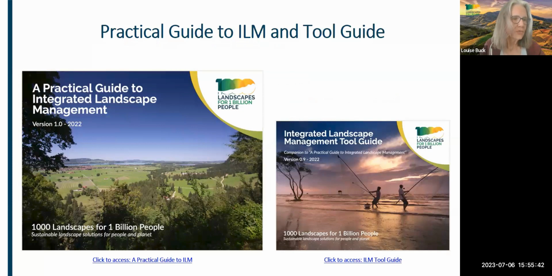So the collection of tools and guidance documents that the design team has produced to help landscape partnerships build capacity from within are contained in these 2 key documents. One we call the Practical Guide to Integrated Landscape Management. This provides a framework that corresponds with the 5 elements of the adaptive collaborative management cycle. Within each of the 5 elements, there are 3 to 4 action steps and outputs associated with each. And the corresponding tool guide describes tools that can support each step of the collaborative process.